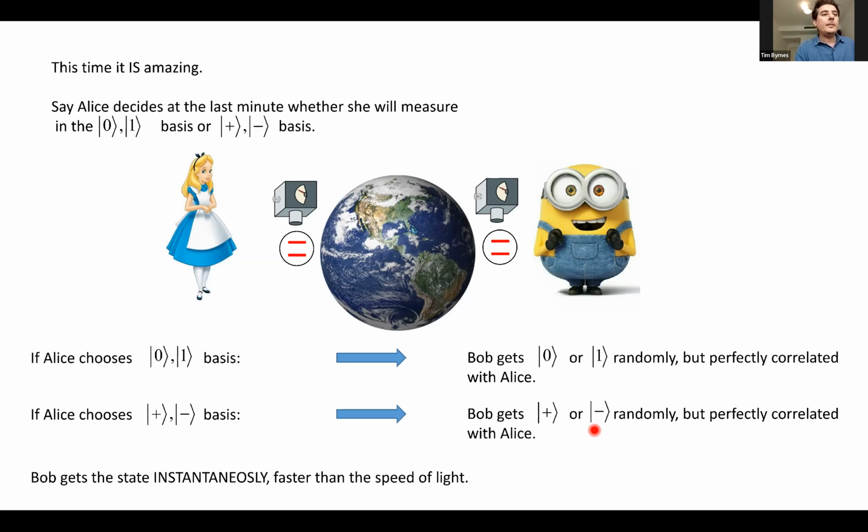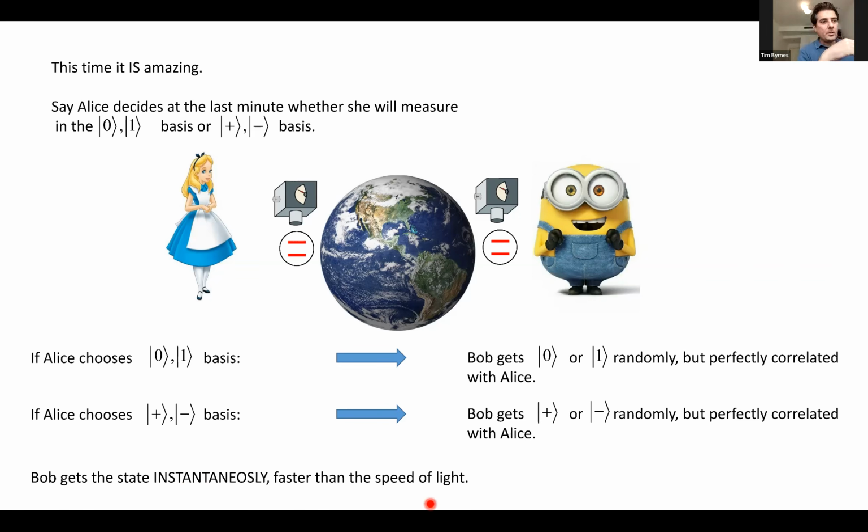And this is where it's important that these guys are separated by a long distance, because what quantum mechanics is saying is that this process actually happens instantaneously, and that means faster than the speed of light.